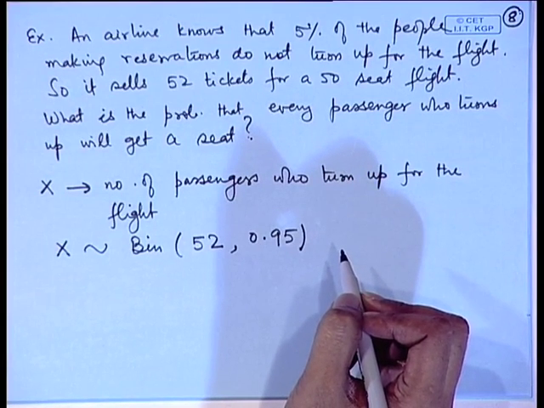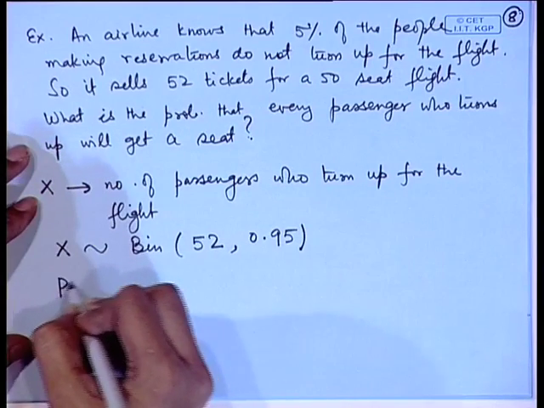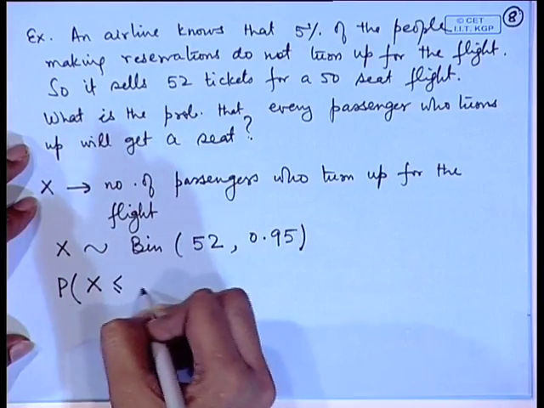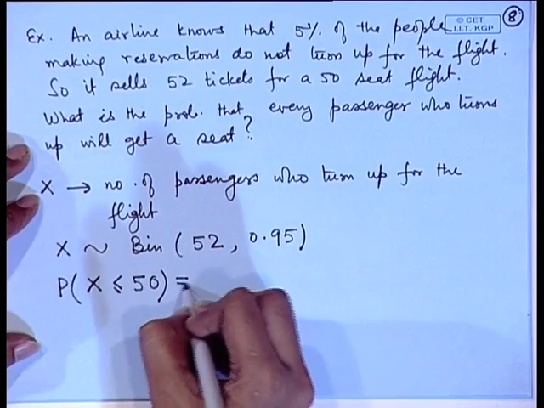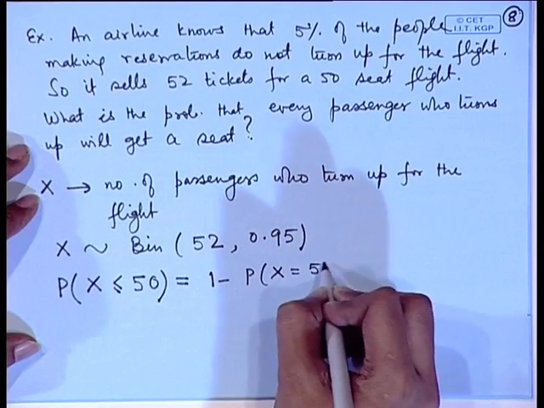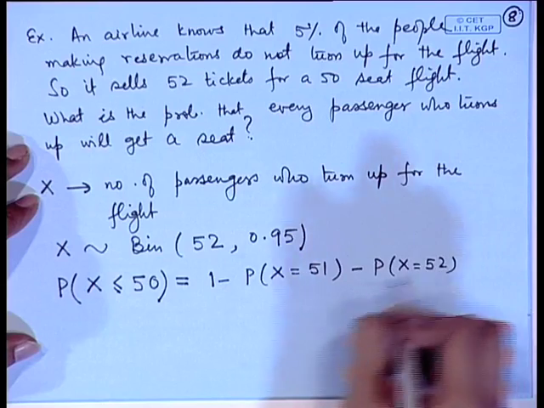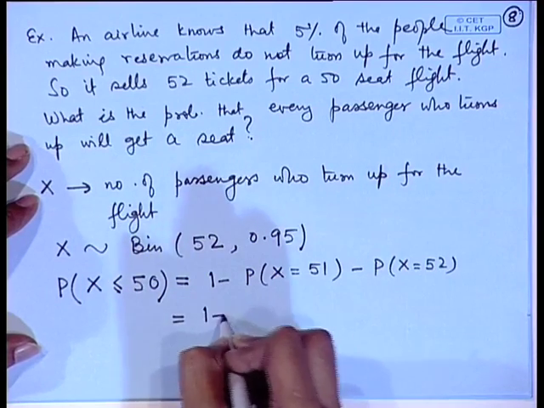So, a passenger will get a seat provided the number of people who turn up is less than or equal to 50. So, we may consider it as 1 minus probability X equal to 51 and probability X equal to 52. Using the form of the binomial distribution, these can be easily calculated.